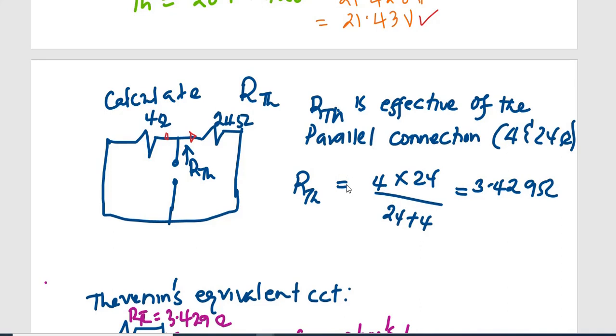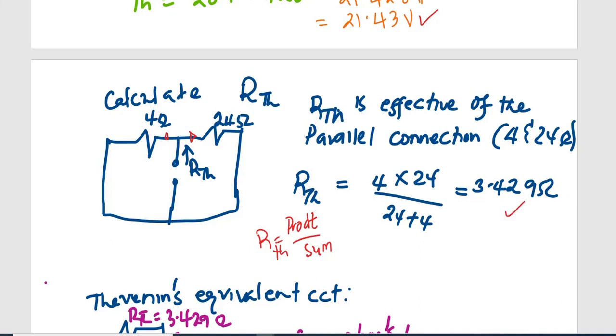So when we use product over sum, because it is a parallel connection of two resistors, RTH will equal 4 times 24 divided by 24 plus 4, and this will give you 3.429 ohm.